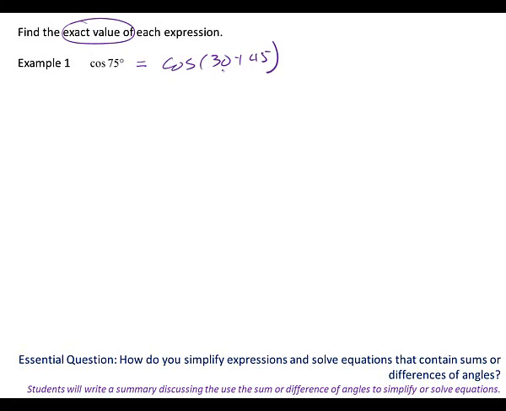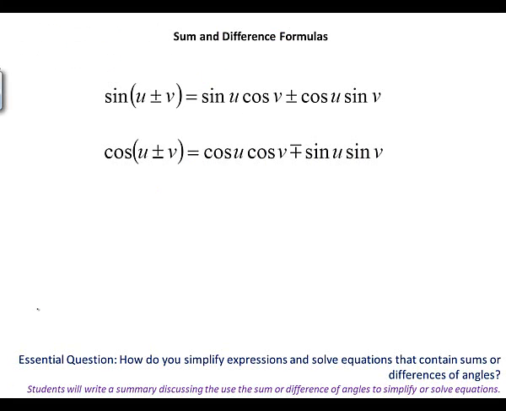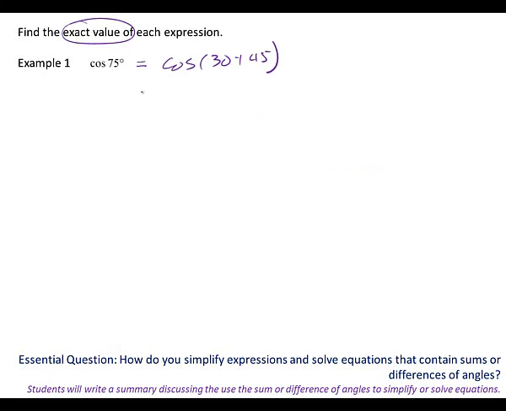All right, so here's where the chant comes in. I don't have to look this one up very much because I know the chant. It was sine, cosine, cosine, sine, and that goes with sine. Cosine, cosine, sine, sine goes with cosine. So what am I going to use for cosine? Cosine, cosine, sine, sine.